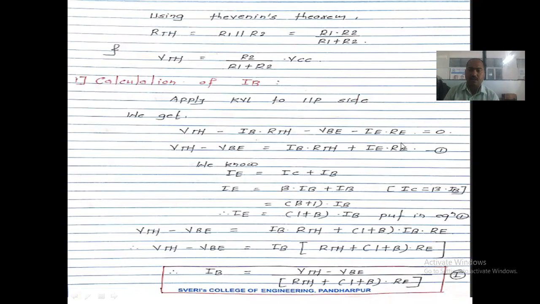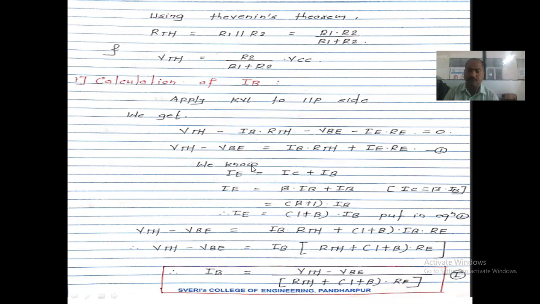In that equation we separate out VTH minus VB on one side, and IB into RTH and I into RE go to the other side, the negative going as positive. So VTH minus VB equals IB into RTH plus I into RE.